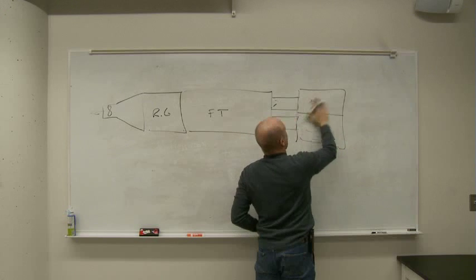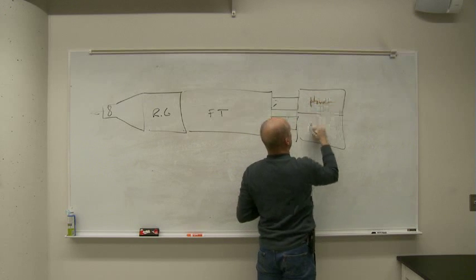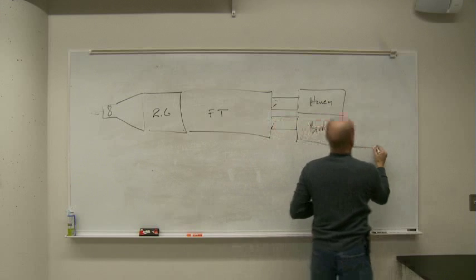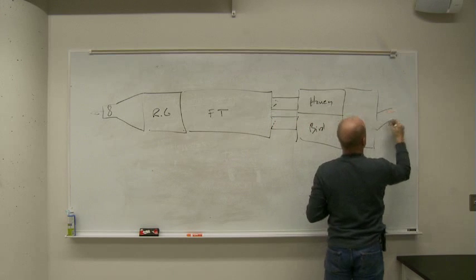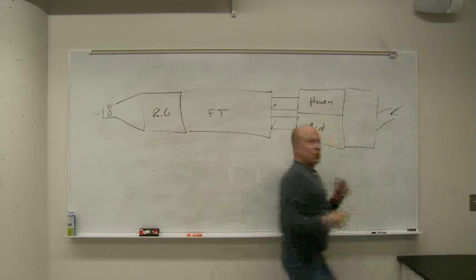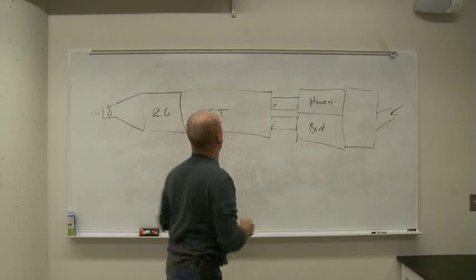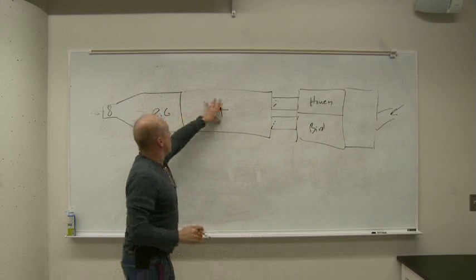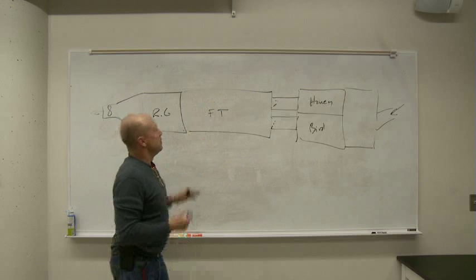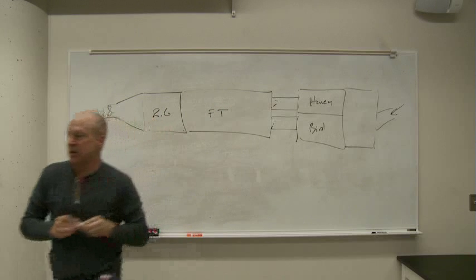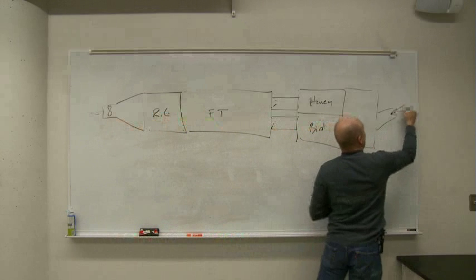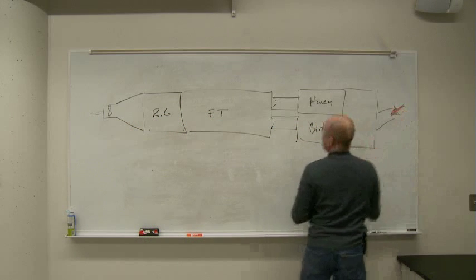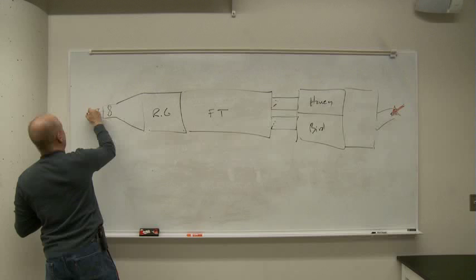I think we put honey on one side, we put a bird on the other side, and then we have this thing, which is where my airflow came in. And that was purified and humidified air. So right here is the key, but the other key is right here, airflow. Airflow through the whole thing.